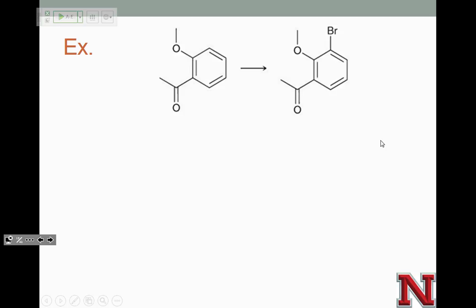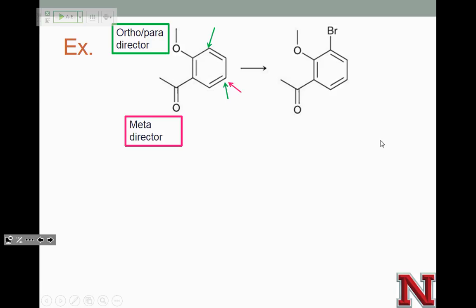So in this case, we are adding bromine, but the bromine is ortho to our very strong electron donating group, which is our OR group. So that's going to be ortho para directing, but we would expect to get more para because of sterics. Now this is electron withdrawing, but it's also a meta director.